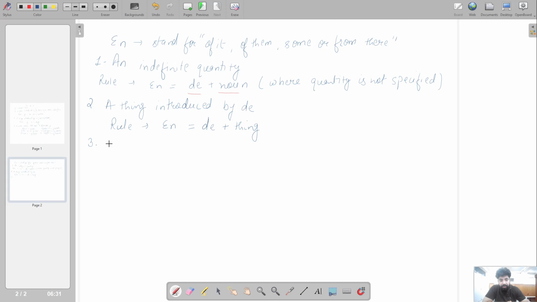Okay. Now the third rule is a place of origin. From there. Basically you are coming from, or belonging to, like from there I am coming. When you see sentences like this, then we use en.